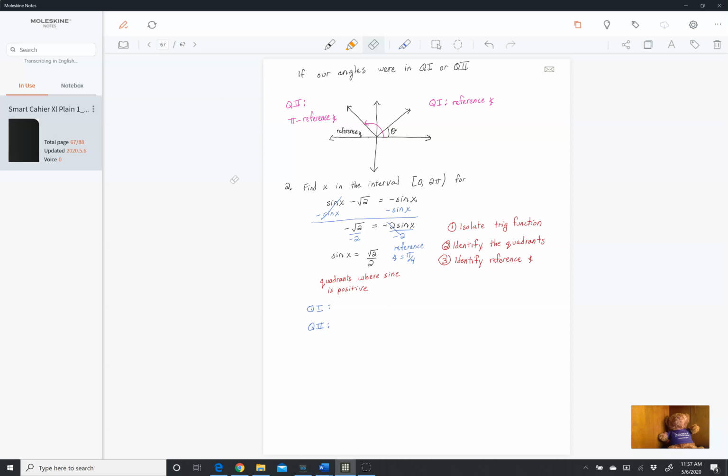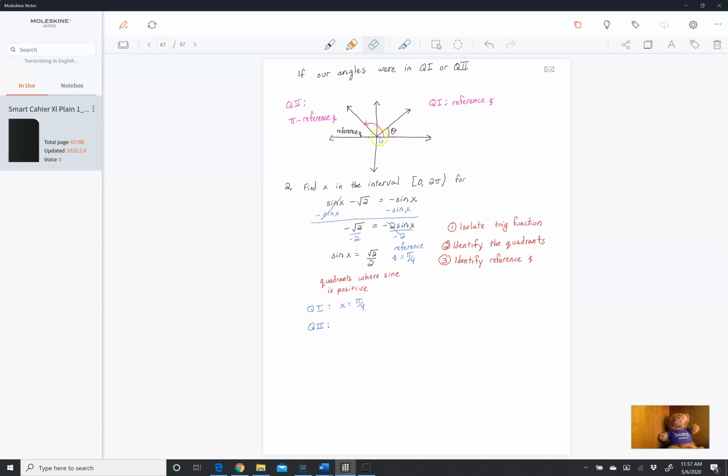So what angle has a reference angle of pi over 4 in quadrant 1? In quadrant 1, the reference angle is the angle itself. So in quadrant 1, x is equal to pi over 4. What's the angle in quadrant 2? In quadrant 2, again, your reference angle is this angle here.